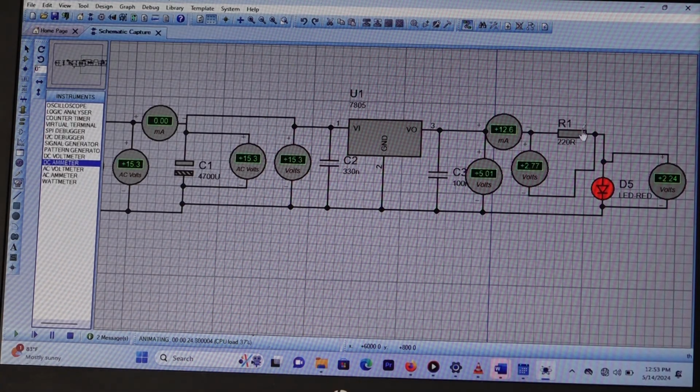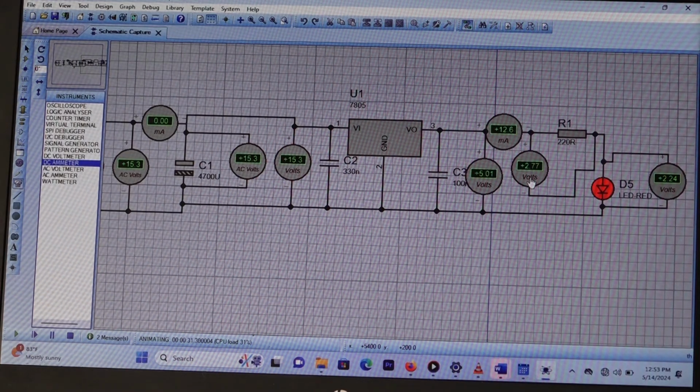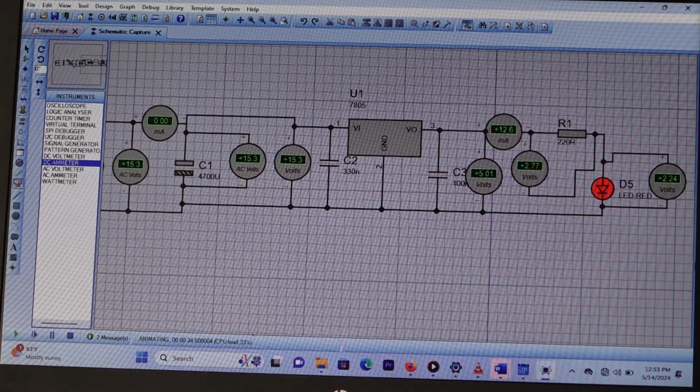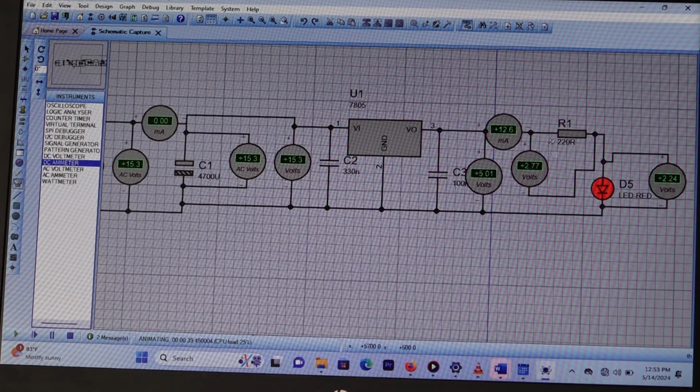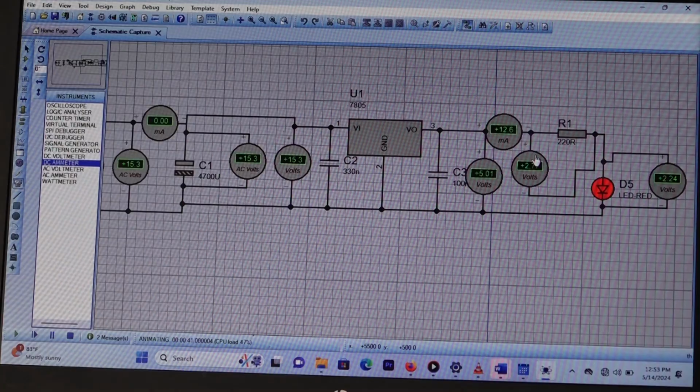This one is the load, consuming current. So the potential drop across the 220 is 2.77 volt. The potential drop across the red LED is 2.24 volt. So if you take the potential drop across the LED plus the potential drop across the resistor, you get the total output voltage.